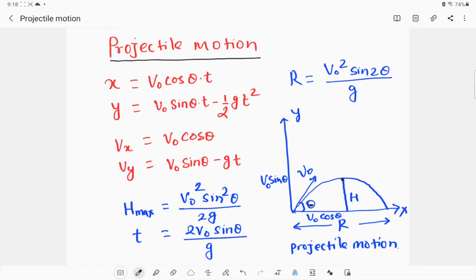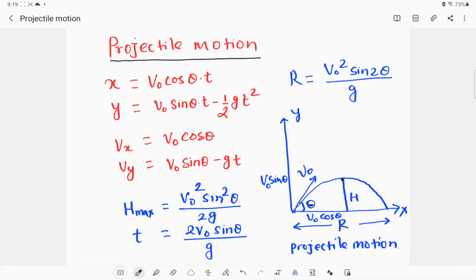Where is the projectile at a certain point of time, and what is its velocity? Those are the very important points, right? In daily life, we have to launch some missile or something else, so studying projectile motion is very important. It is closely related to our daily lives, right?